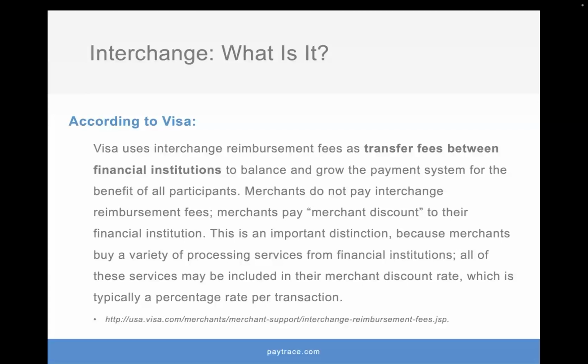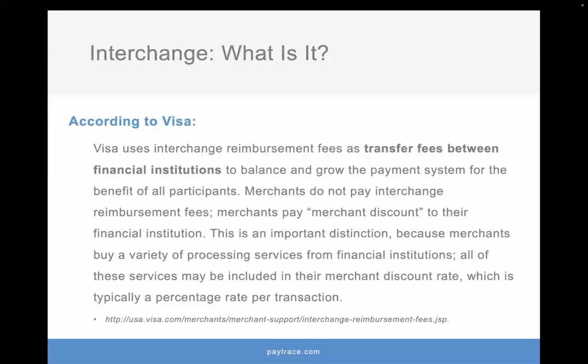According to Visa, Visa uses interchange reimbursement fees as transfer fees between financial institutions to balance and grow the payment system for the benefit of all participants. There's a lot more to that. You can see I bolded and emphasized certain words, something about transfer fees between financial institutions, right? With a lot of other jargon after that.